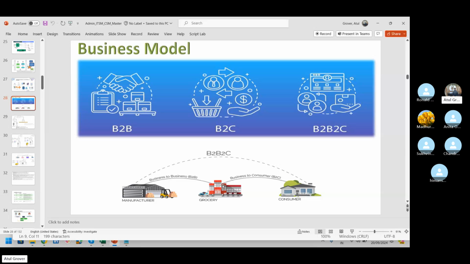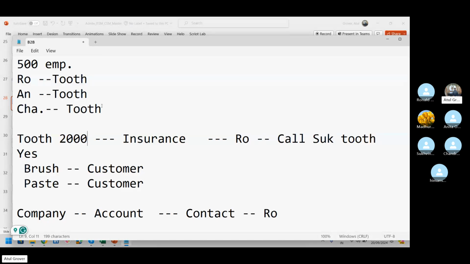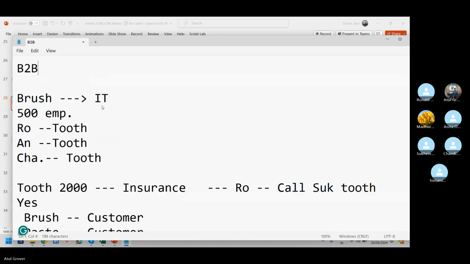Business to business. Whenever anybody from this company calls this company, the first question asked by the agent is, which company are you calling? Can you confirm your company name, sir?